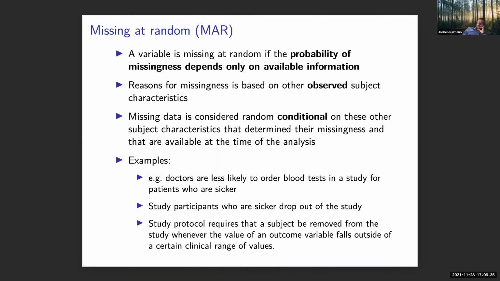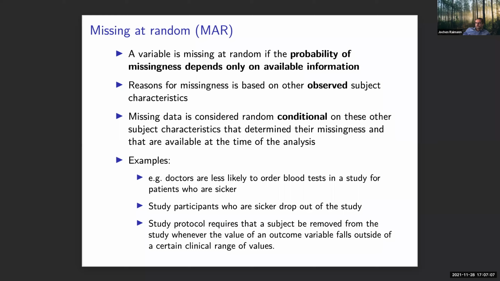So a slightly less random kind of missingness is missing at random. So we can quantify it. We can quantify randomness based only on available information. And we have data of that available for every observed subject, and we can quantify it.